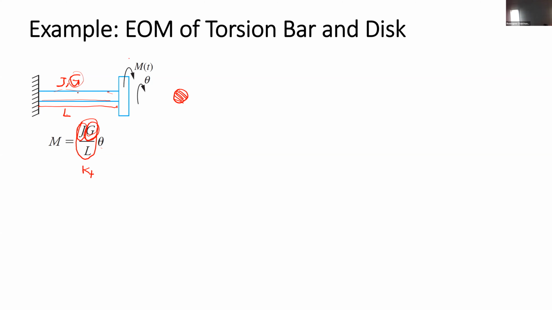This is the torsion bar, torsion beam, and at the end of the beam, we have a disc that rotates. In this problem, we want to find the equation of motion when we rotate the disc.